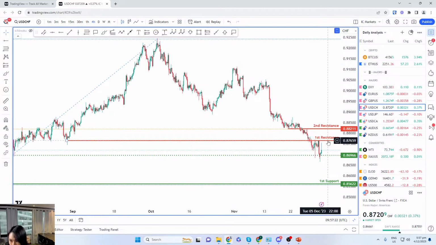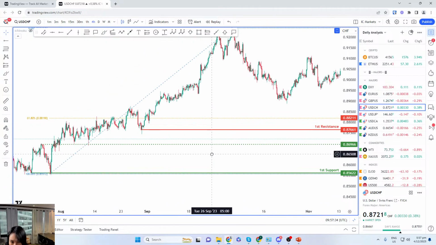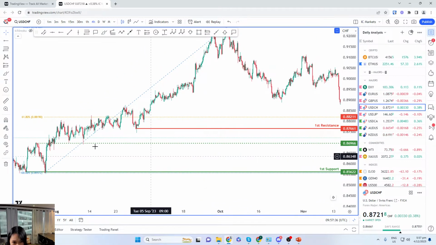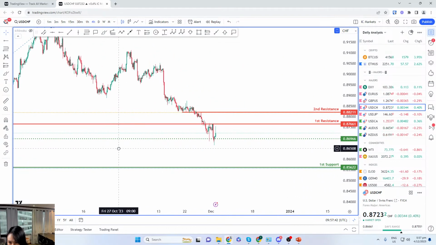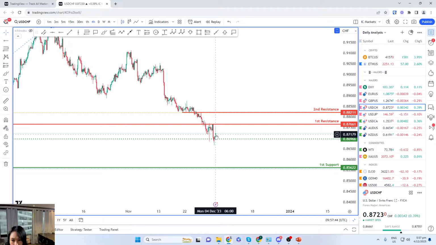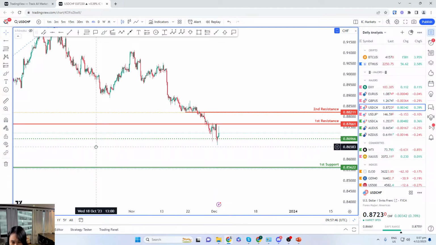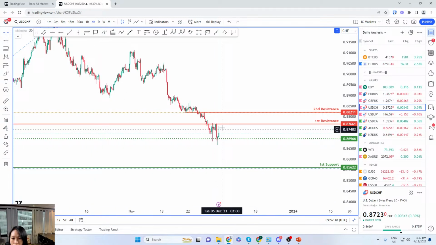Because you can see that the level between the first resistance, second, and the first support level is quite far apart, so I have identified this level as the immediate support level because the current price has bounced off this level and is moving towards the first resistance level.